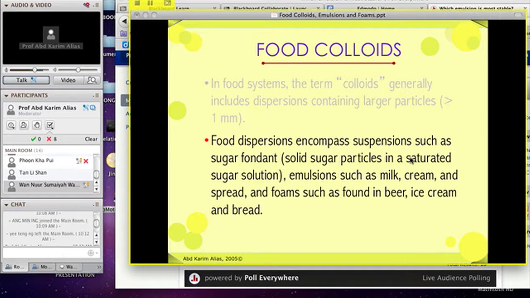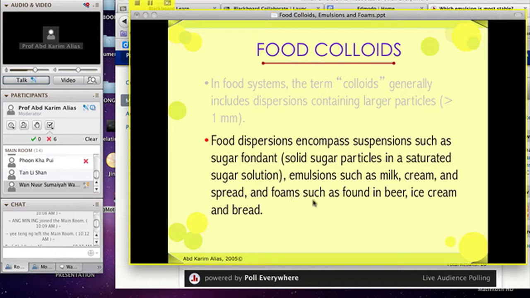It's not just oil and water. It's not just fat and aqueous phase. But in almost all foods, we have soluble solids, such as sugar or salt, and flavor.